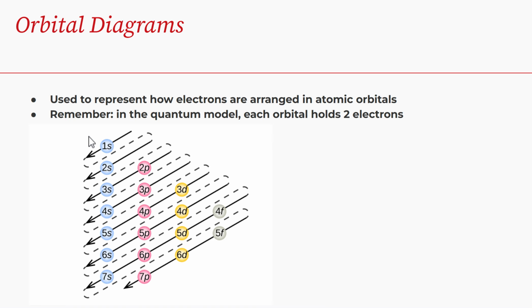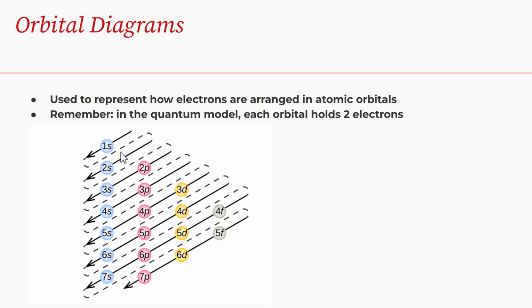This here is Aufbau's diagram, and it basically shows the order of energy levels and which ones are higher than each other. So for example, 1s, and then higher is 2s, and then 2p, and then 3s, and then 3p, and then this is where it gets weird because normally you think it would be 3d, but 4s is actually lower than 3d.